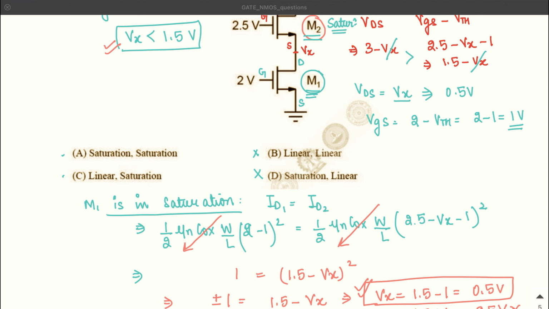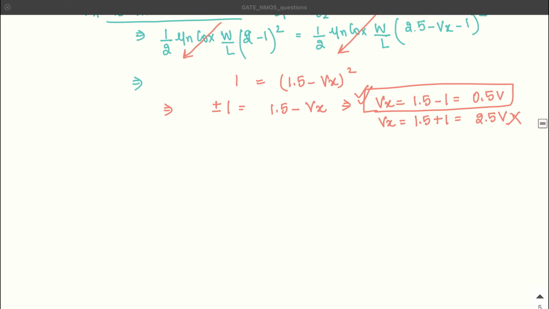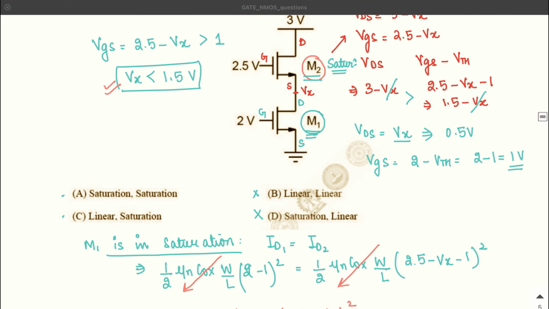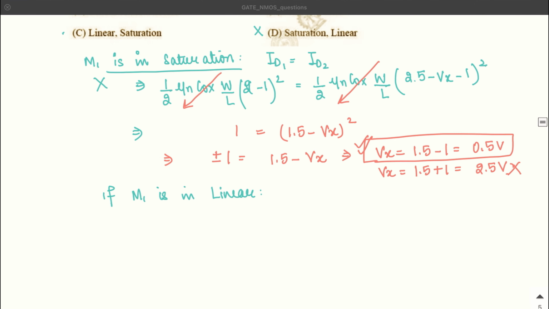So let us now assume the next case, that M1 is in linear, because we understand that it cannot be in saturation. For saturation, the possible value of Vx coming out is 0.5, but 0.5 does not satisfy this condition. Hence, this assumption is actually wrong. So we have already got to know the answer, but just let's prove it ourselves.